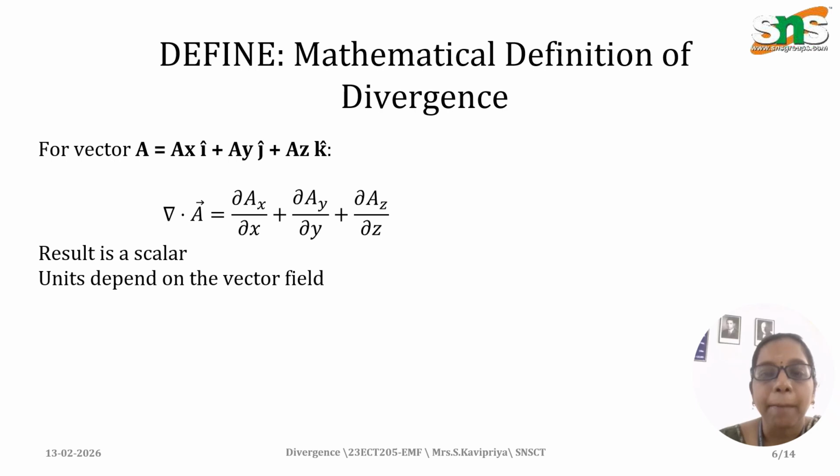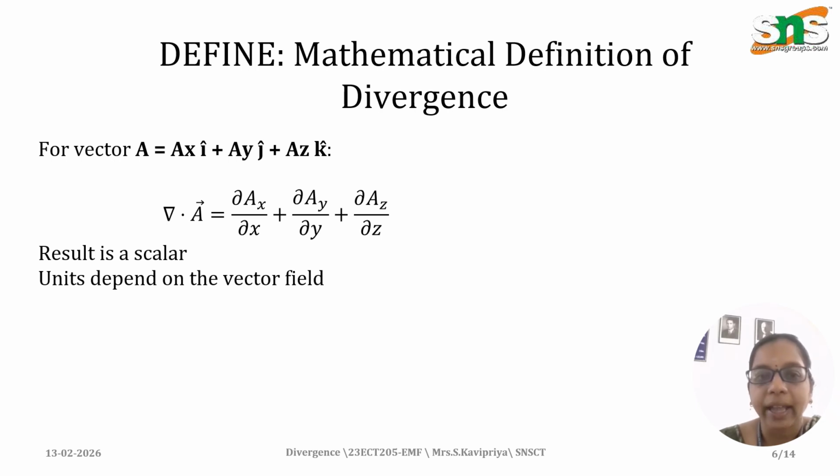Next is the mathematical definition of divergence. Here a Cartesian coordinate system is taken as an example. For any vector A in the Cartesian coordinate system, the components of the vector along x, y and z are ax, ay, az.